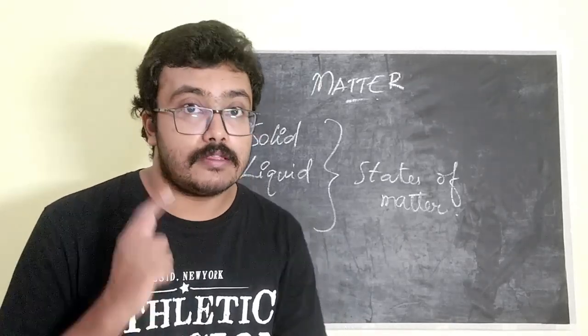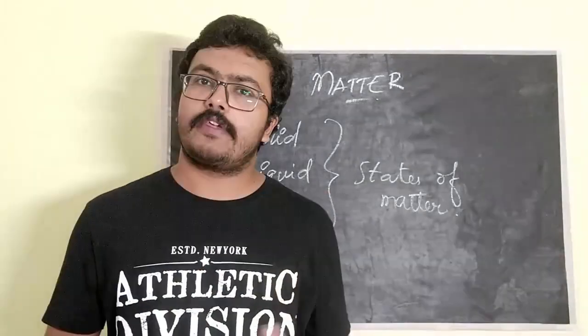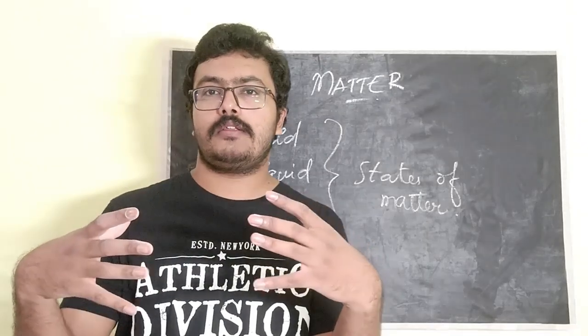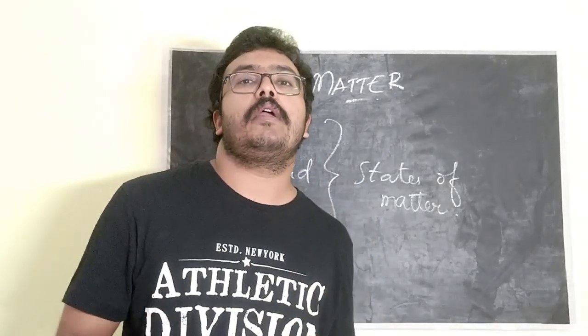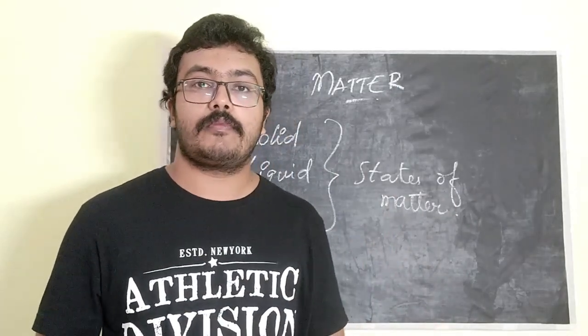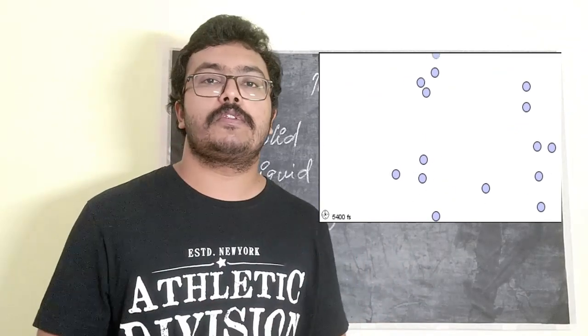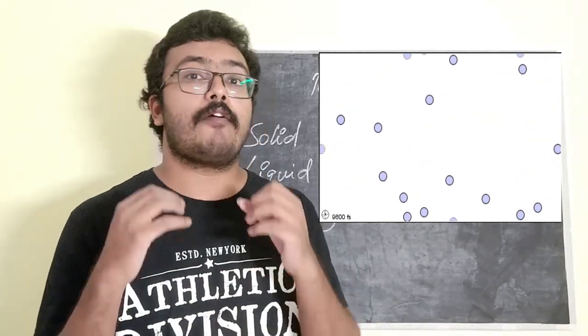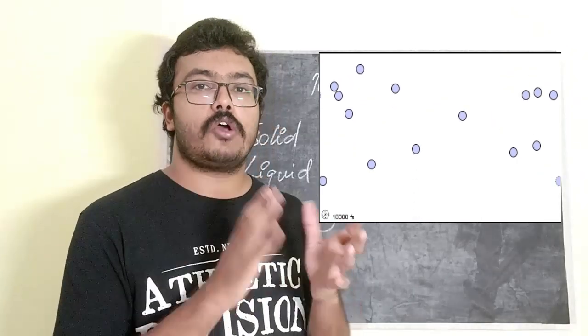Alright, next the third concept, gas. The molecules of gas are very far apart, they are not in connection with each other. So they can move around anywhere they want when compared to solid as well as liquid. So gas molecules have more freedom when compared to liquid as well as solid.